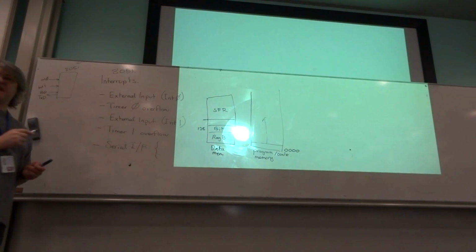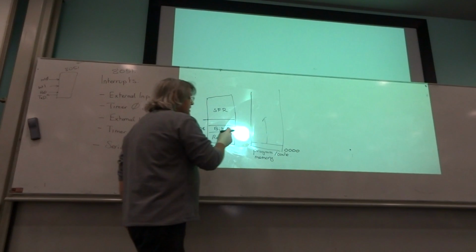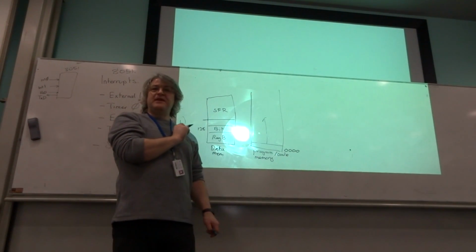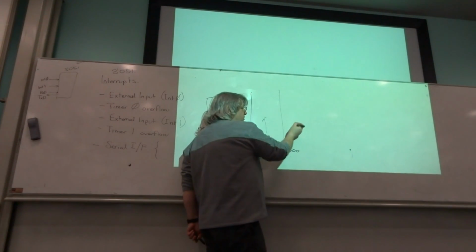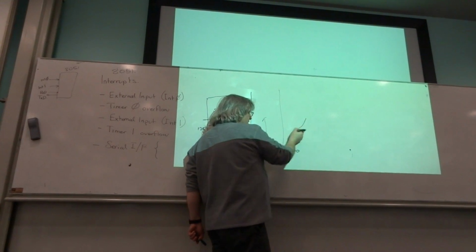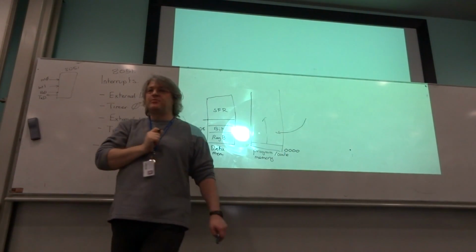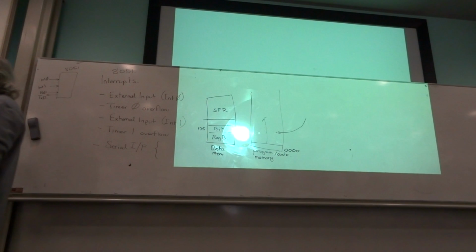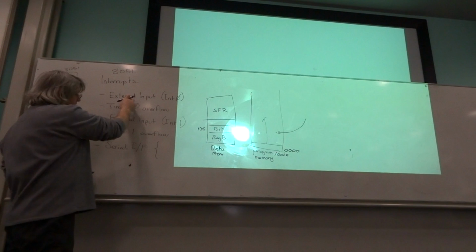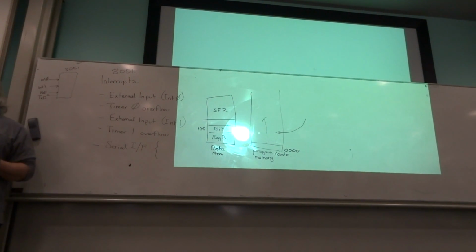if an interrupt was to happen, the program counter will be updated, and the program counter will point to a specific location in the program memory. You cannot change that value. Intel have decided, depending on the type of interrupt, where the program counter will point to.